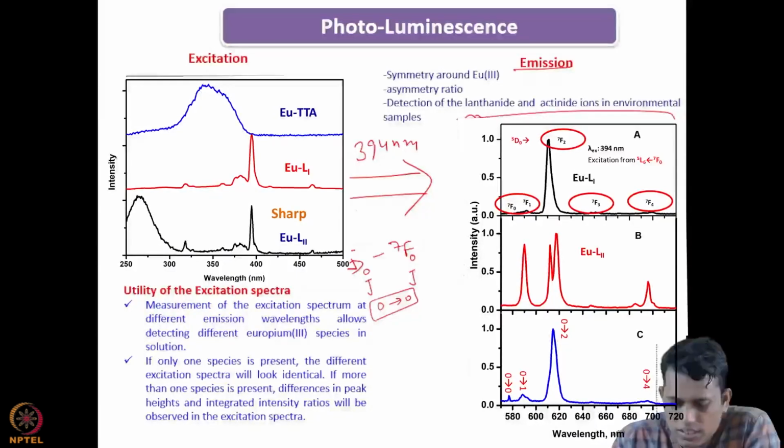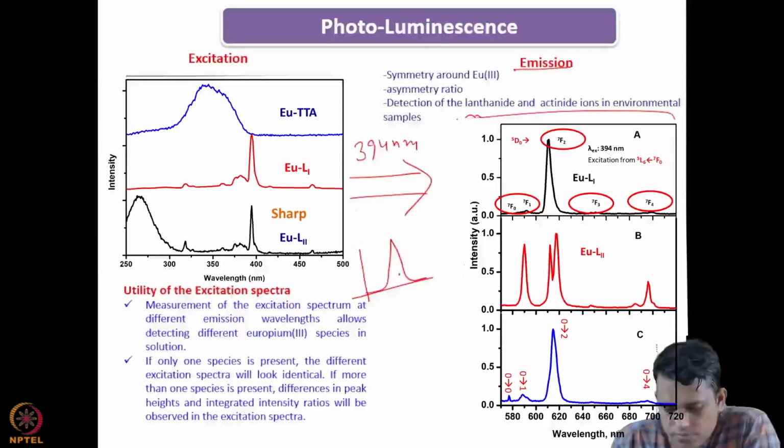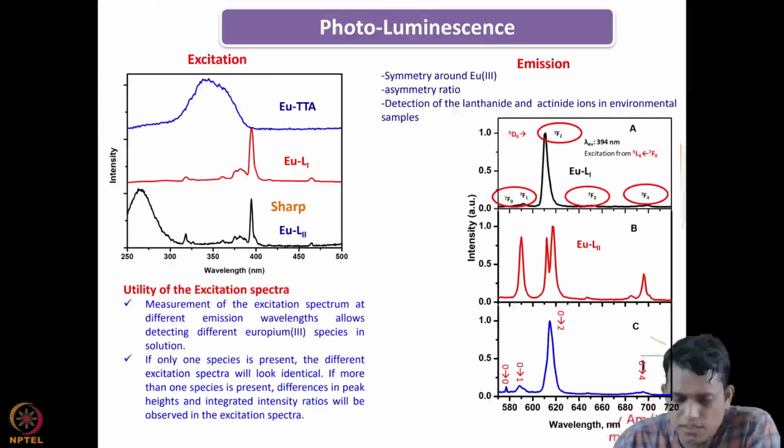So the information that is there in the 0-0 transition, let us see. This is my 0-0 transition, which happens to be found near 580 nanometer for europium. We also know that for the transitions coming from 5D0 to 7F0, 7F1, we have seen that there is a splitting of the J level. This J level will split into 2J plus 1 states, which I have seen in the previous slides, I guess.